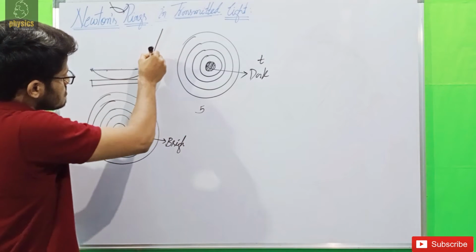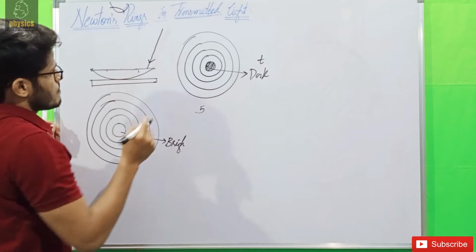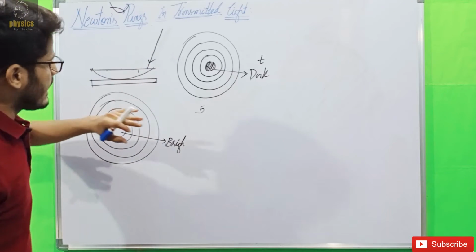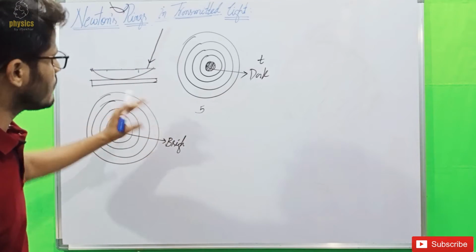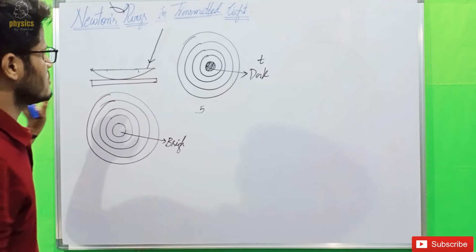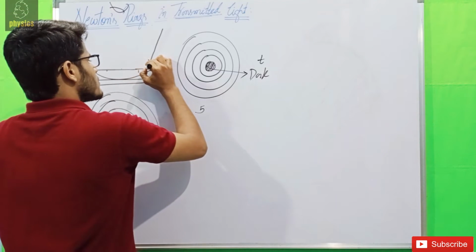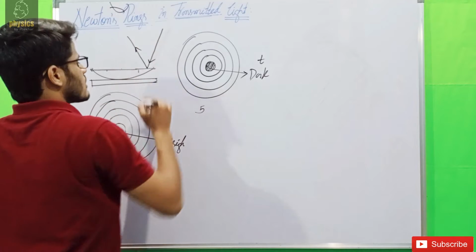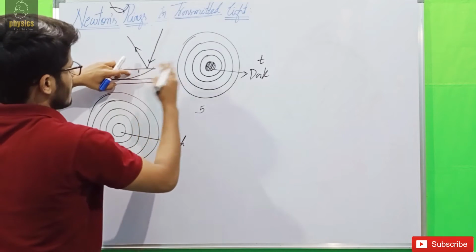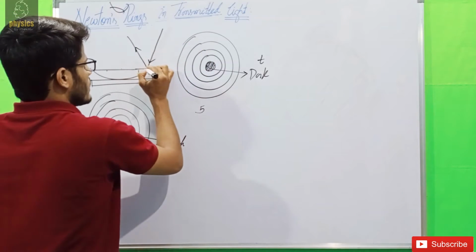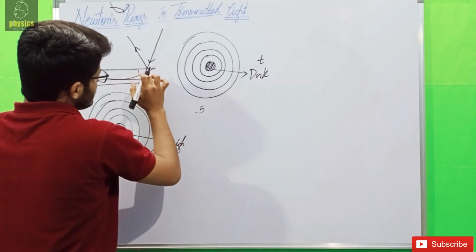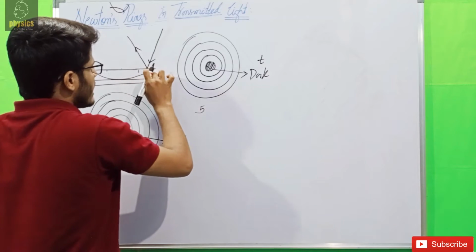So this is my incident light ray. I won't be flipping any reflection or refraction or transmission. So this is the reflection from its top surface. Because it's a glass, part of the light ray will get transmitted, and there is a boundary of air to glass.